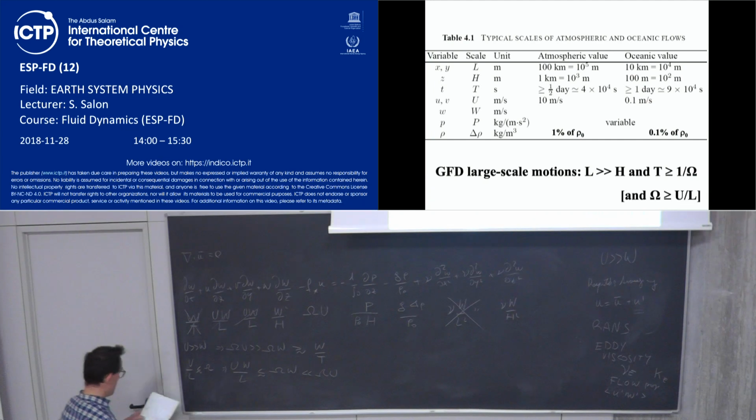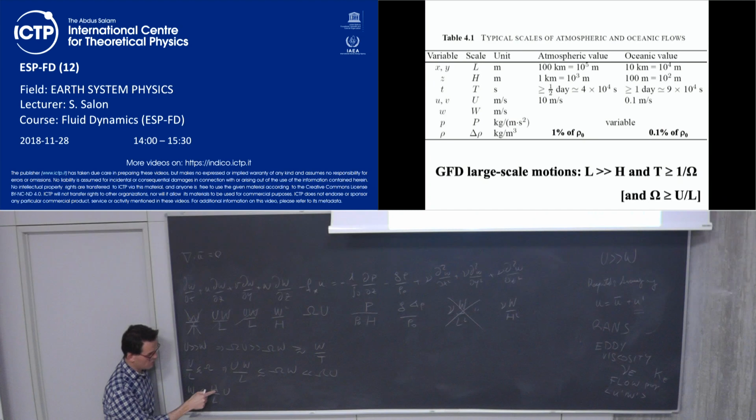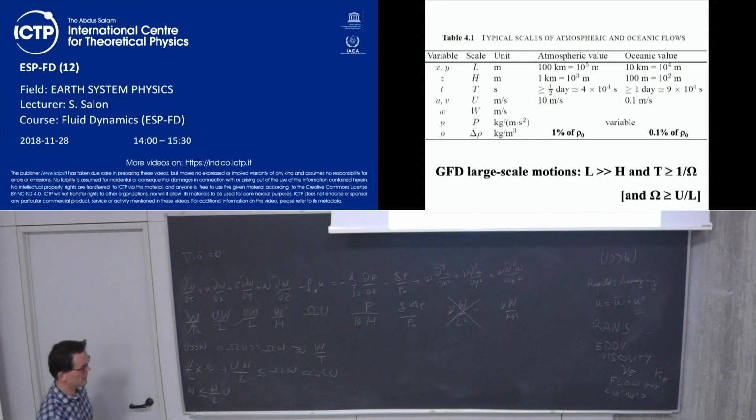Then we know that W, from the continuity equation, is smaller than H over L times U. So it means that the vertical velocity scales like the ratio of the vertical with respect to the horizontal dimension multiplied by U. It's a sort of proportionality, where this term here is much smaller than 1.